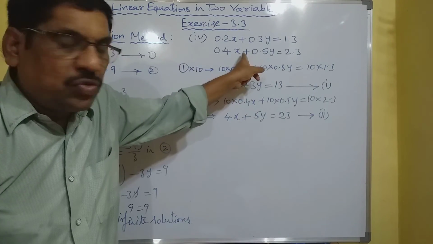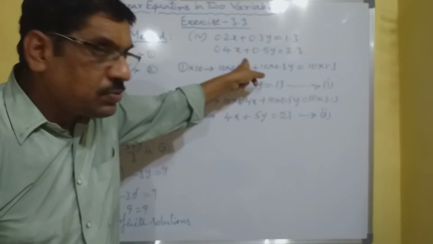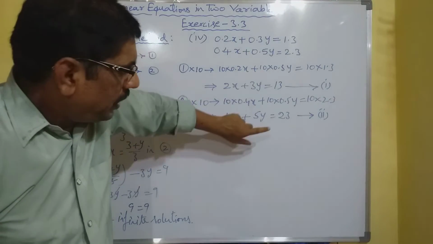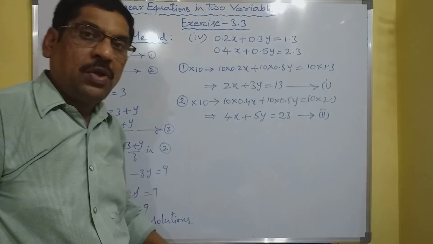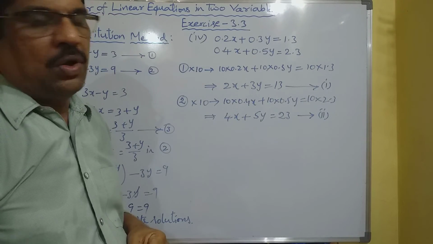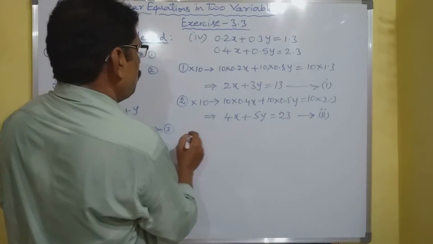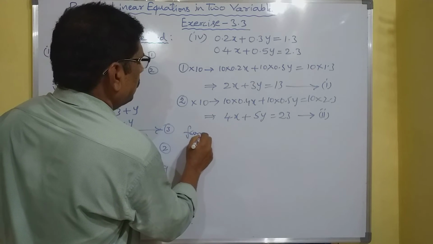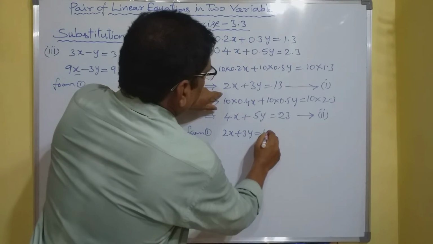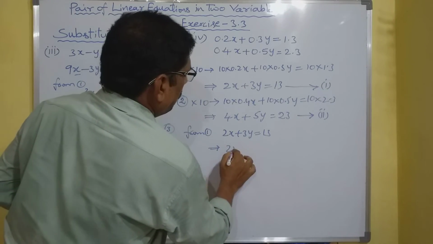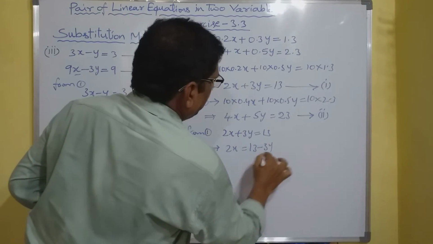Okay, understand? Now let us solve these two. It is difficult to solve these two equations with the decimal points. That's why I multiplied with 10. Then we get the numbers without decimal points. Okay, now let us take these two equations from 1. What is the first equation? 2x plus 3y is equal to 13. Now from this 2x is equal to 13 minus 3y.